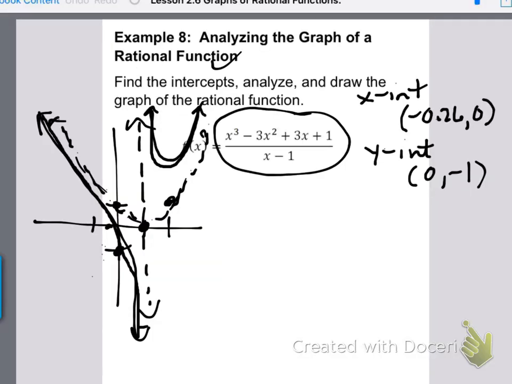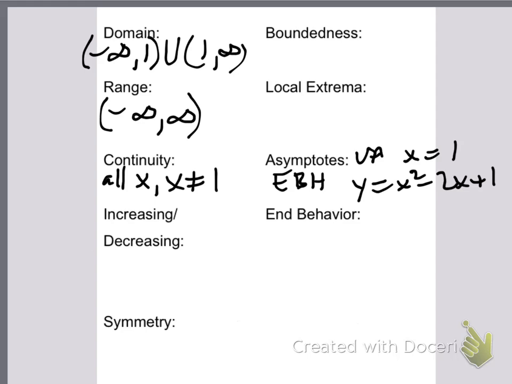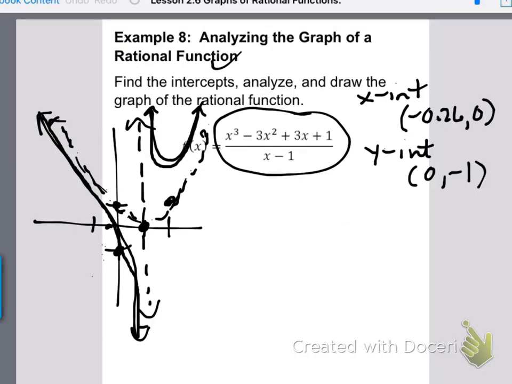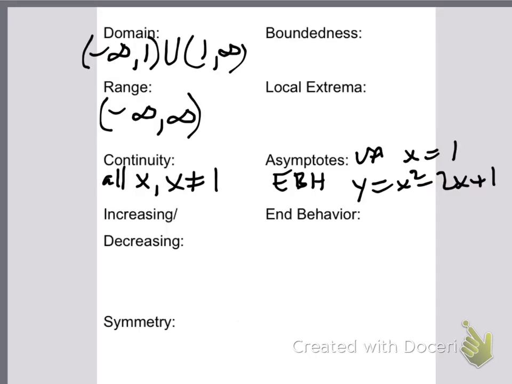Now we want to find increasing, decreasing. Well, this whole thing here decreases, so from negative infinity to 1, it decreases.